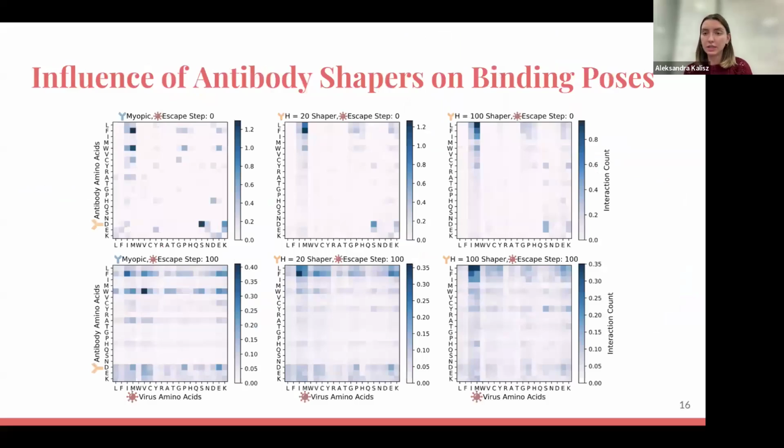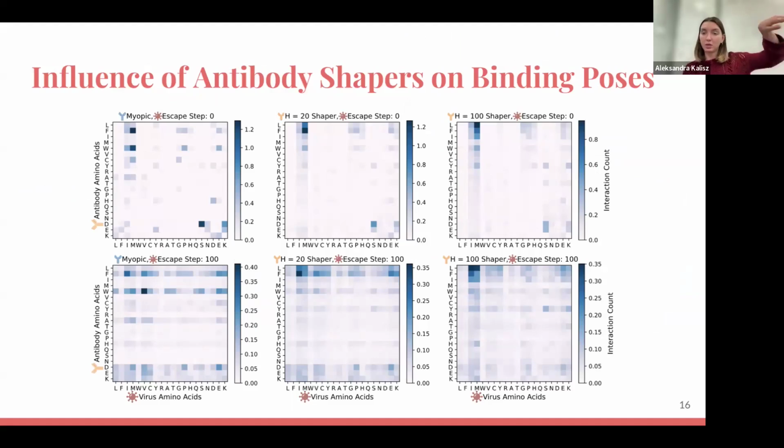So now we can look at these average energy matrices. We can do a bunch of runs, plot the energy matrices or the binding matrices for all of these runs, and then average over them. And this is what we're showing you here.